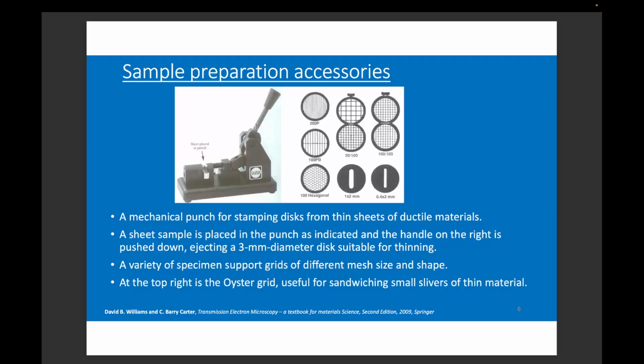We first polish that material. Let's say the diameter of your material is somewhere around 50 millimeter, but we are not able to put that 50 millimeter material in the TEM sample holder.